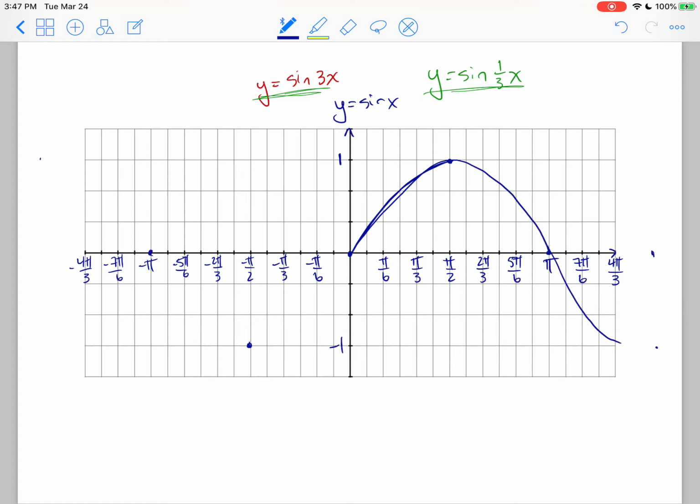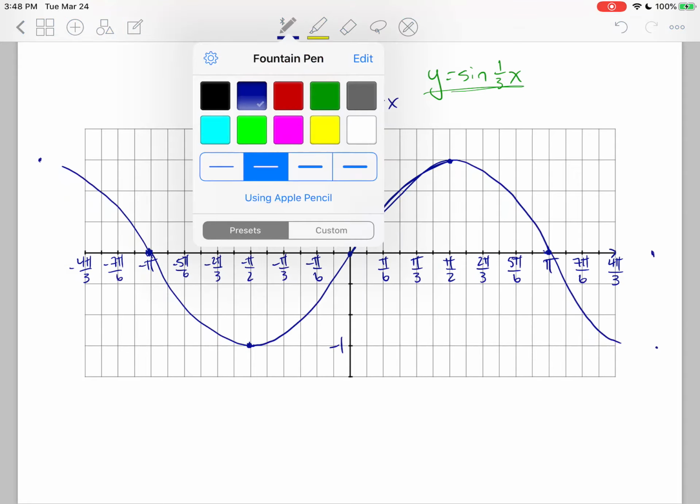Again, I don't quite get to where I wanted to for this value, but I still got an entire period in there, which is called a cycle. It starts here at negative pi and goes to pi. There's my 2 pi period. So I do have an entire period on there, and that's the important thing.